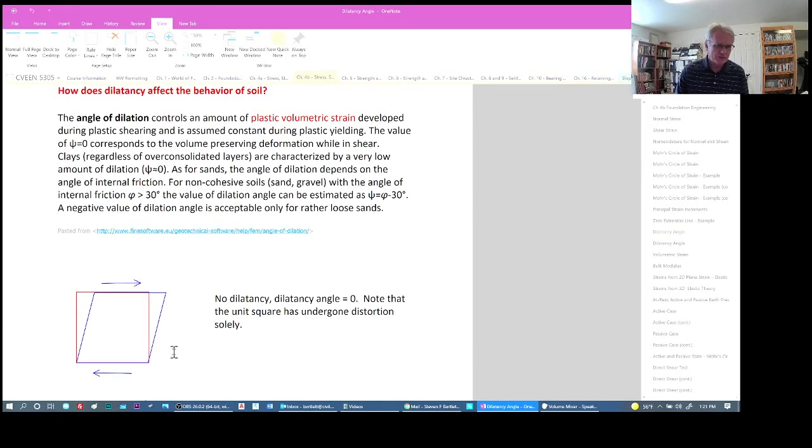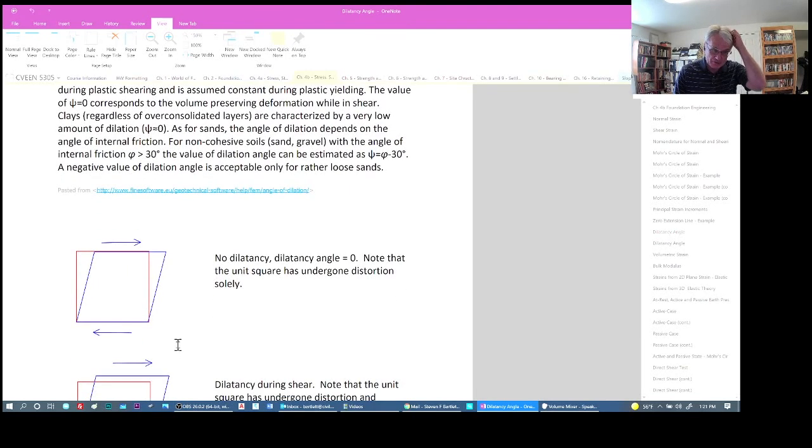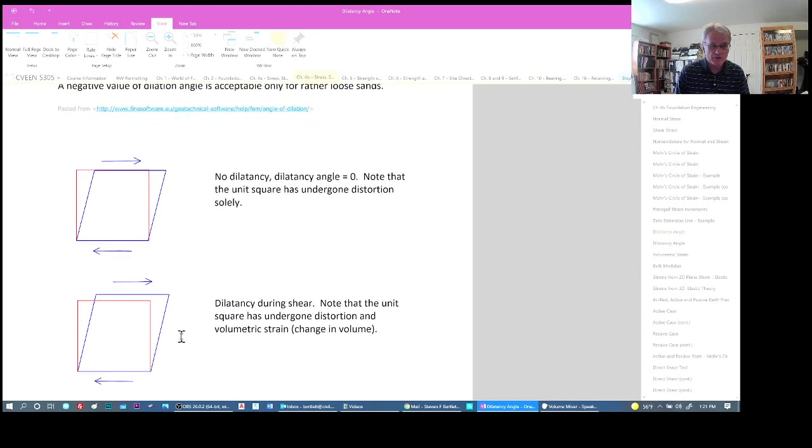So there's no change in area, which I think you can just see. However, sometimes as we try to shear something, the area of shear may change due to expansion or contraction of the material. So in this case, we see that there is some dilatancy during shear, because as we've pushed it, we've also caused some change in area, represented by this blue line being above the red line.